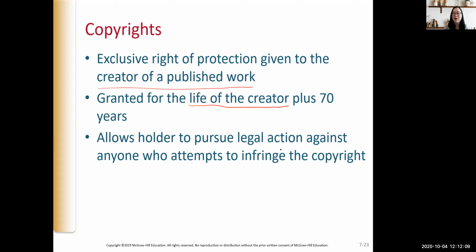So if anybody wanted to reproduce the movie that you produced or the piece of music that you wrote, without telling you or paying you the fee, or you just didn't want them to copy and use it, you can take legal action against them.